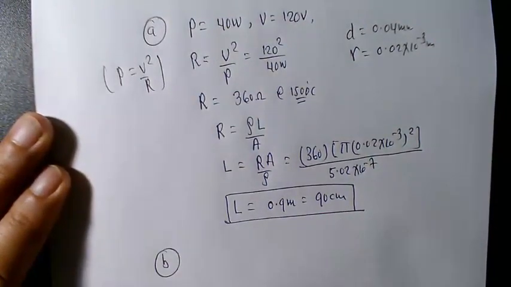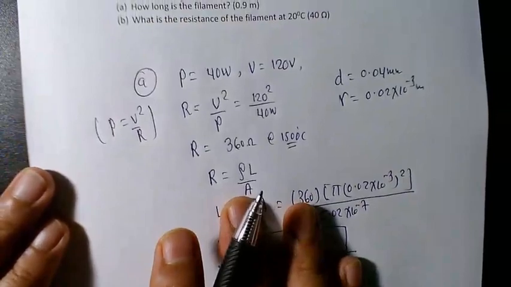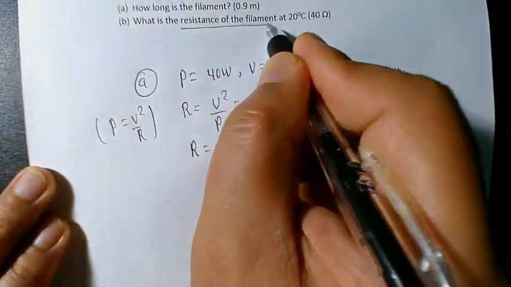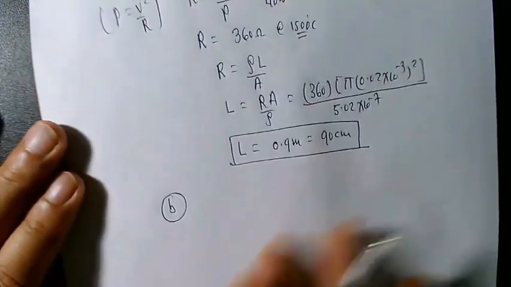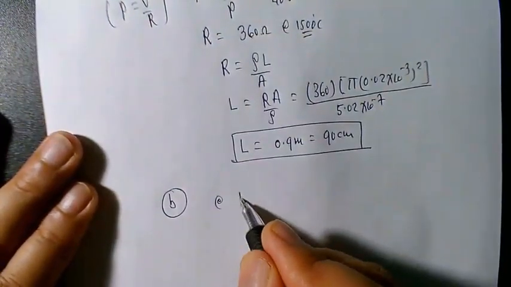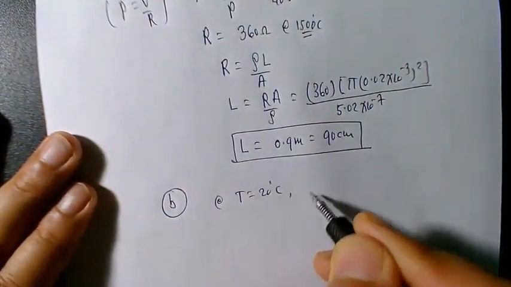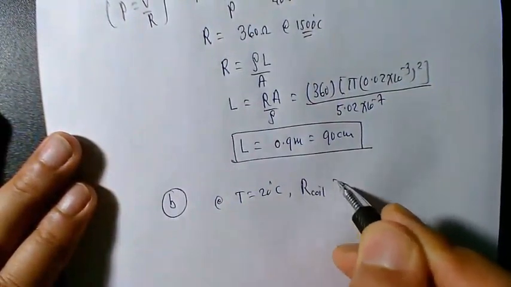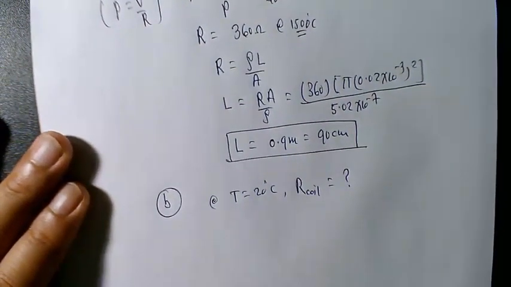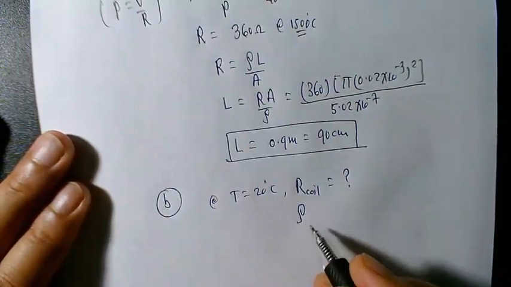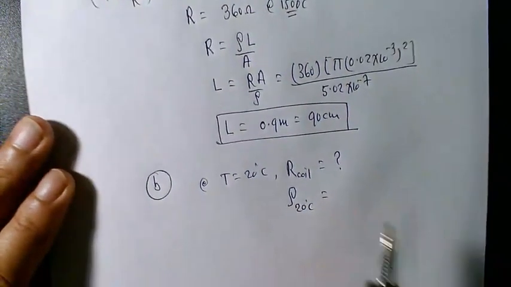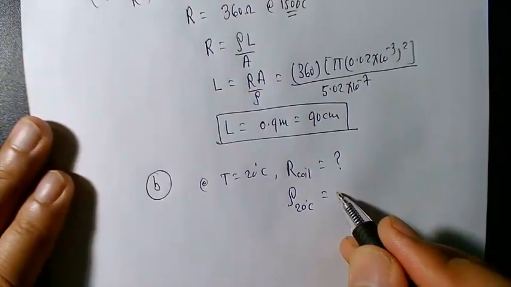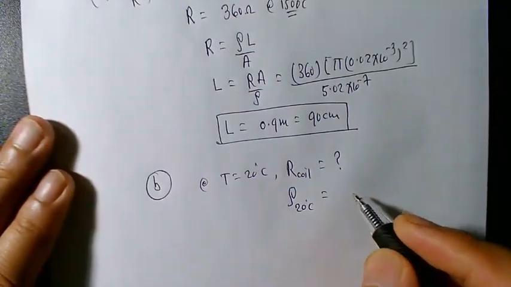Now the second part asks what's the resistance of this same filament at 20 degrees Celsius, at much lower temperature, room temperature basically. Then you're going to need the new resistivity at 20 degrees Celsius. You have to check the physical table in my lecture or somewhere.